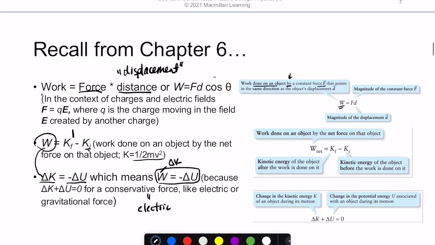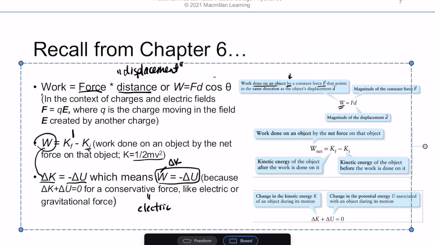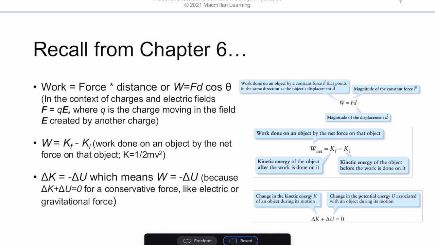All right, so let's go over some of those concepts from chapter 6. And I will rewrite those notes there. So recall the definition of work. Okay, work done on an object by a constant force is given by multiplying the magnitude of the force times the displacement of the object.